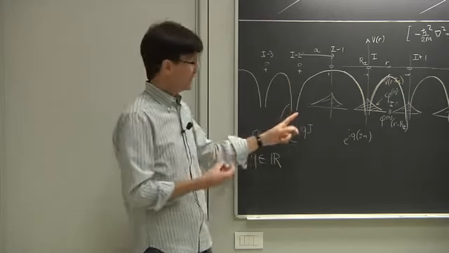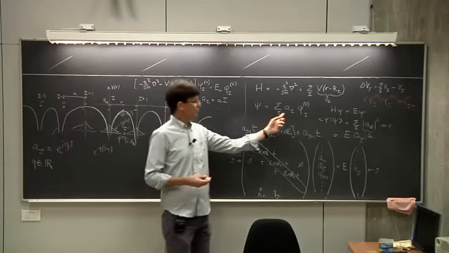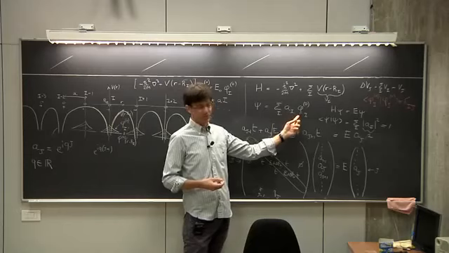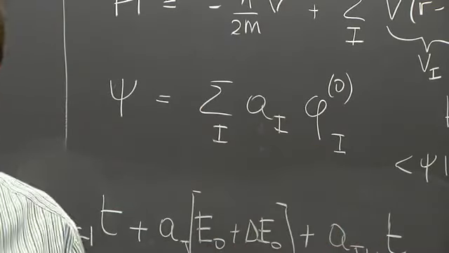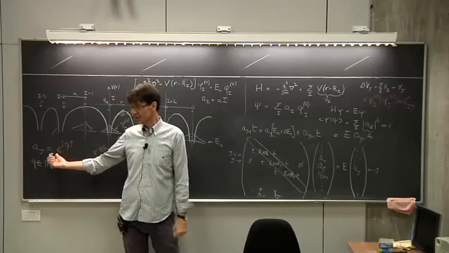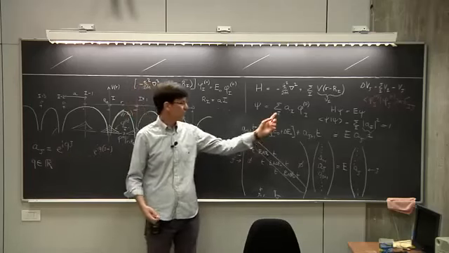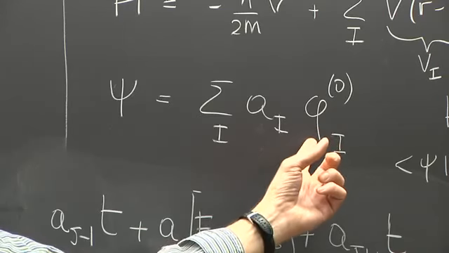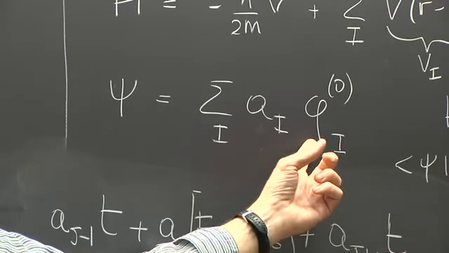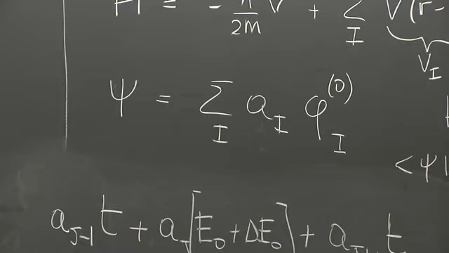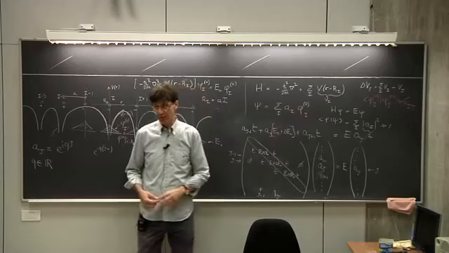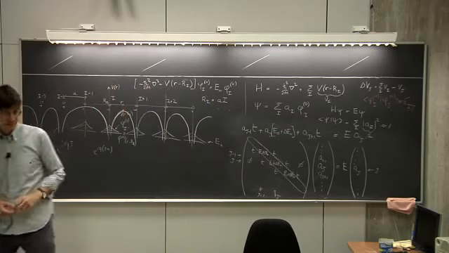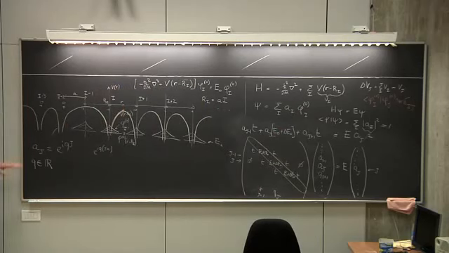Don't forget that this multiplies the wave function. So the real wave function is A_j times the atomic wave function. So don't see this as the wave function. This is just the coefficient that multiplies the atomic orbital. So my wave function will know that there is a Coulomb potential, because each coefficient has the atomic wave function attached. Exactly. So this is not the wave function.